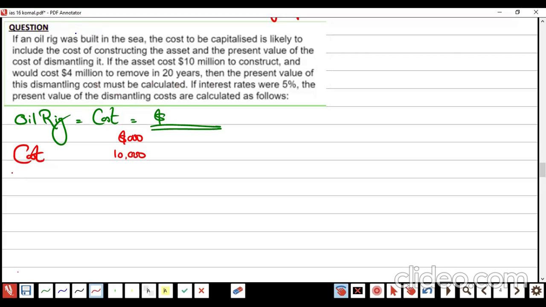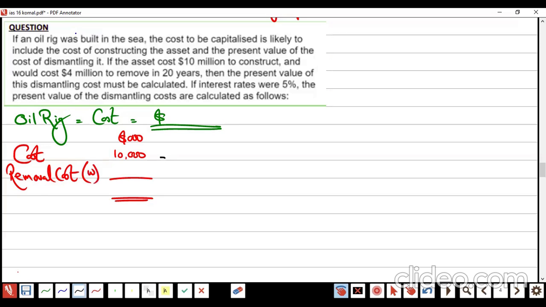But we have removal cost, which is also known as dismantling cost or decommissioning cost. So removal cost is there. We need to add it up because it's a capital expense. Am I right? But we need to do the working.